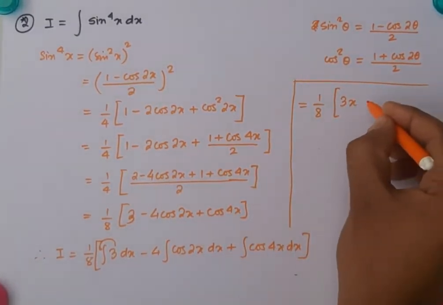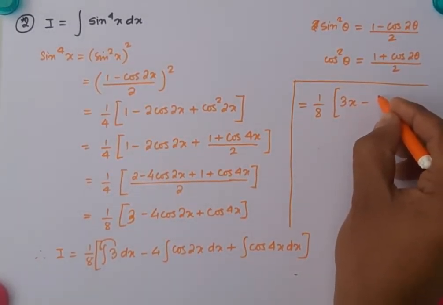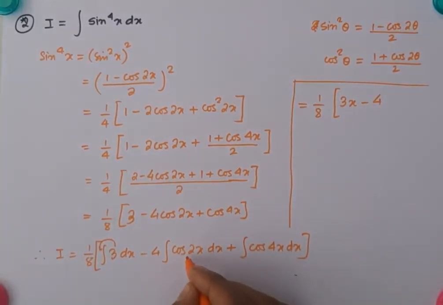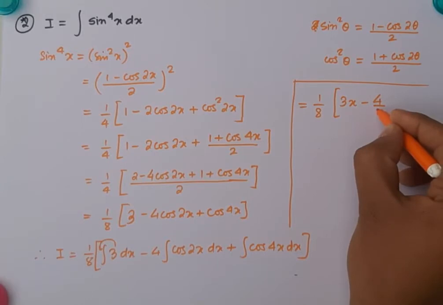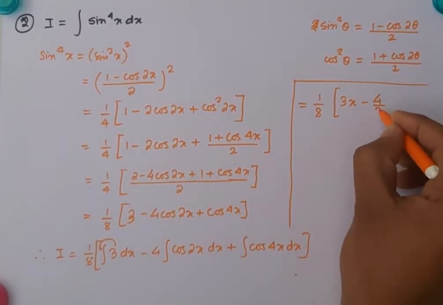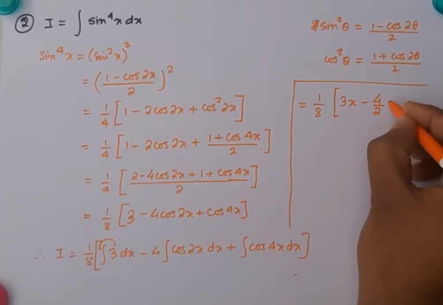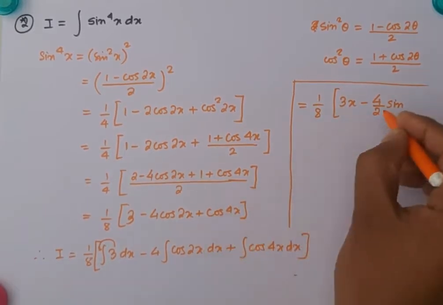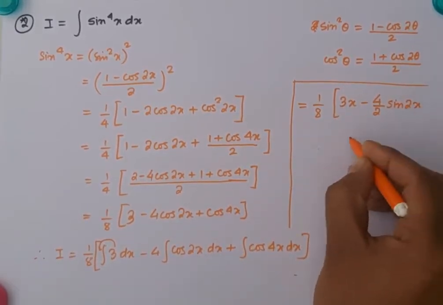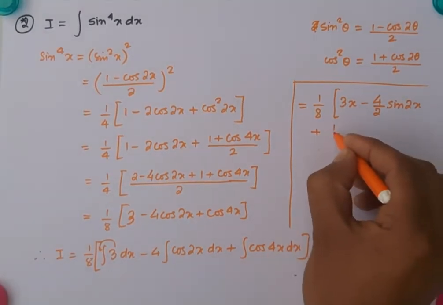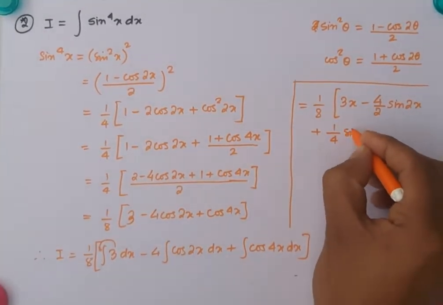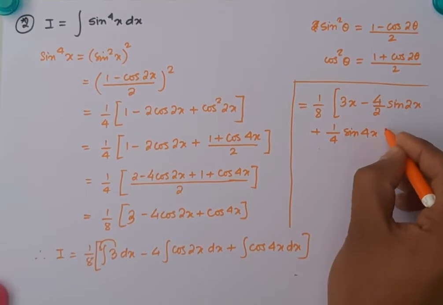3 can be kept outside the integral sign, so 3 integral dx is just 3x, remember that, minus 4. Now integral of cos mx is, you know, 1 by m sin mx, and m is 2 here. Plus similarly we have integral of cos mx is 1 by m sin mx, that is 1 by 4 sin 4x.